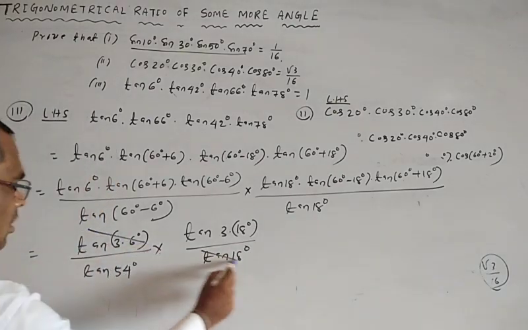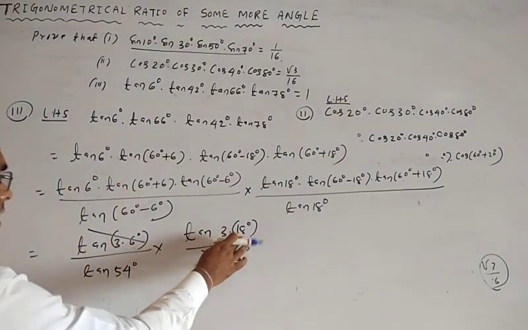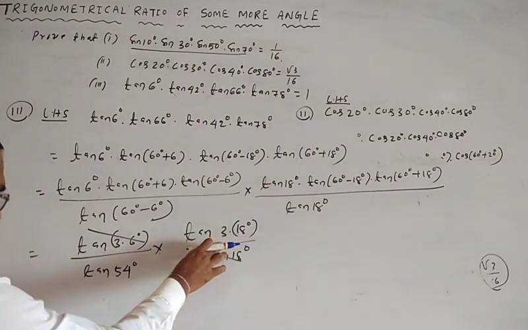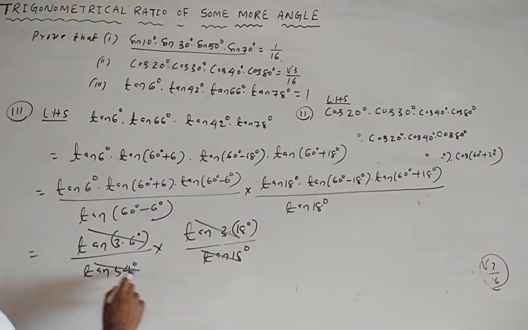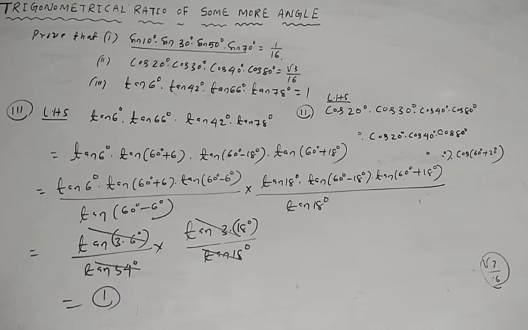Tan 18 degree cancels, tan 54 and tan 54 both cancel, and this answer is 1. So in this way, if the trigonometrical expression is of this form, we use the formula tan a into tan(60 minus a) into tan(60 plus a).